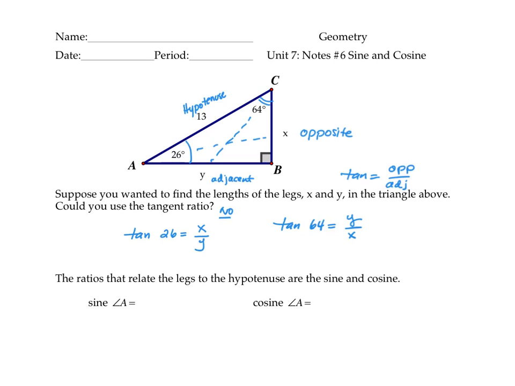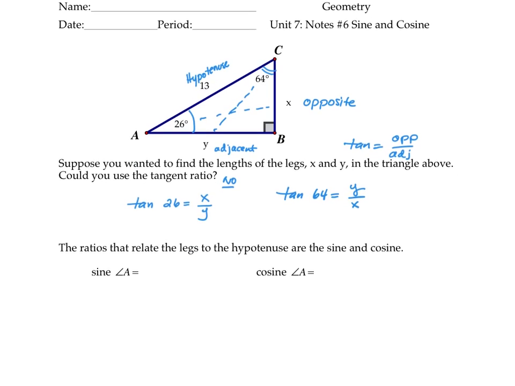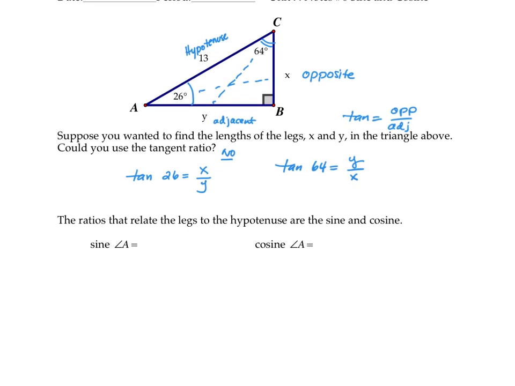So that leads us to two new trig equations, and they are the sine ratio and the cosine ratio. The sine ratio is equal to the ratio of the length of the opposite leg divided by the hypotenuse.